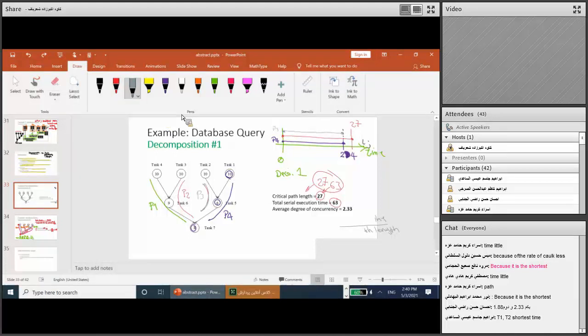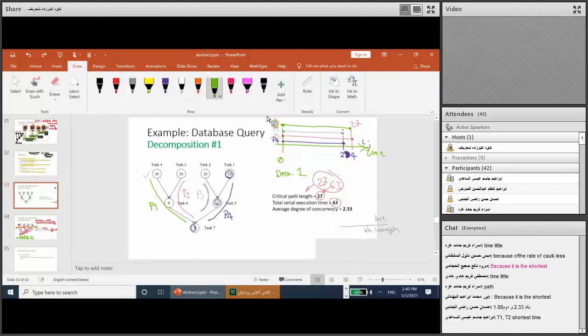Path 3, path 2, and path 1 start at 0. Path 1 starts at 0 and ends at 27. Okay, we have 4 paths.